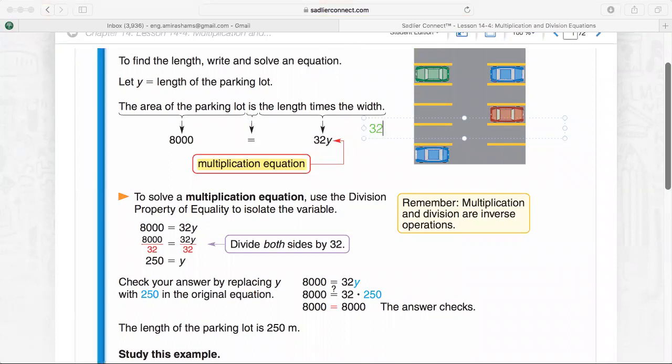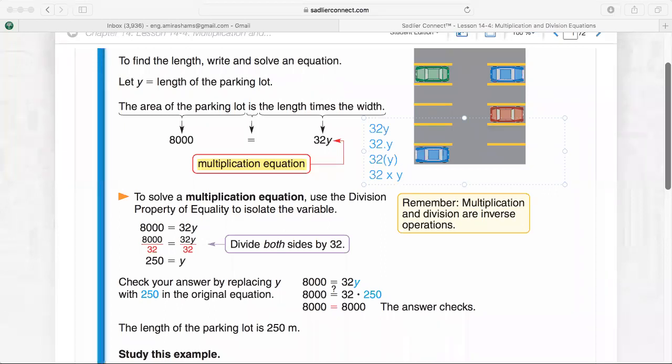32 dot y, and 32 multiplied by y, and 32 between brackets y, all of them are equal to 32 multiplied by y.